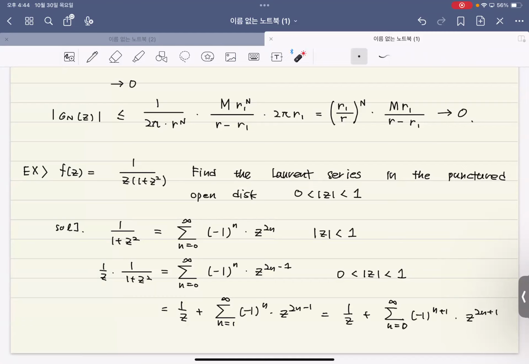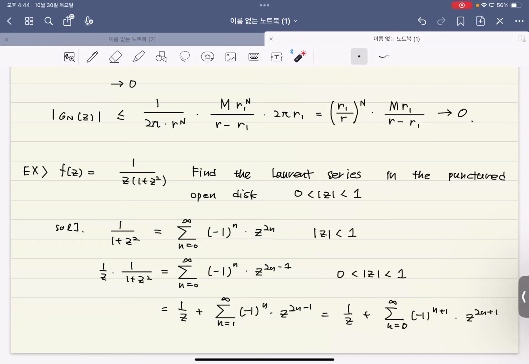So I say this is the Laurent series of the function. This is the part where the positive exponent happens, and this is the part where the negative exponent happens. Typically, if your function of interest is a rational complex function, then your negative exponent part usually does not go to infinity.